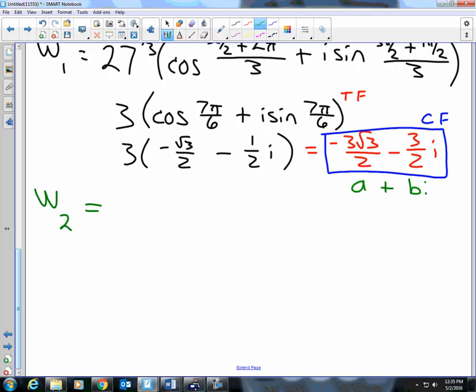W sub 2. I still have 27 to what power? 1/3. So that doesn't change. Times the cosine of what's theta? 3 pi over 2 plus 2 pi k. What is k? K is 2. So it'll be 2 pi times 2, which is 4 pi.